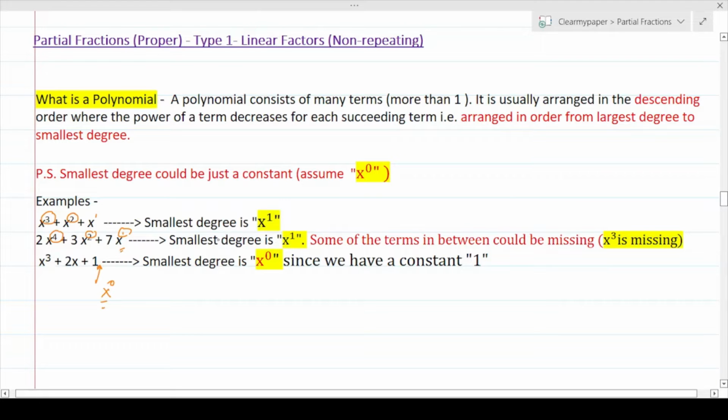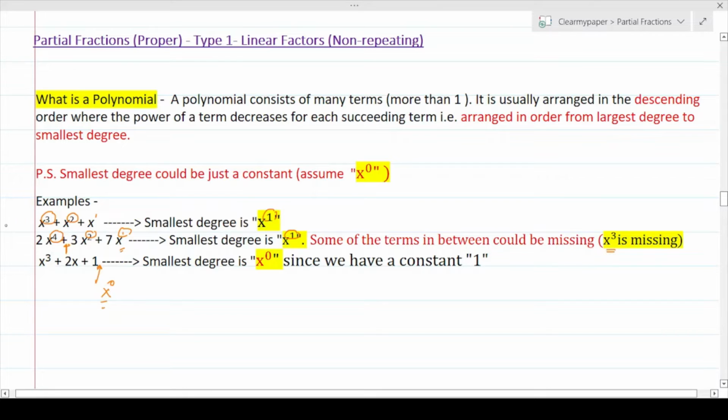Another interesting thing is that some of the terms could be missing. When we talk about descending order, not all terms need to be in the sequence. For example, there is no x to the power 3 here; that term is missing. That could very well happen.